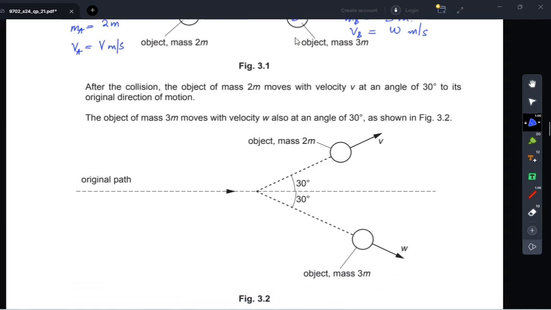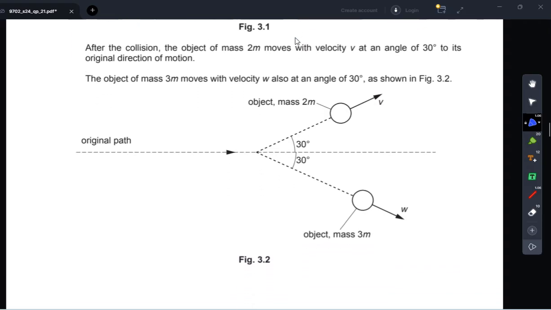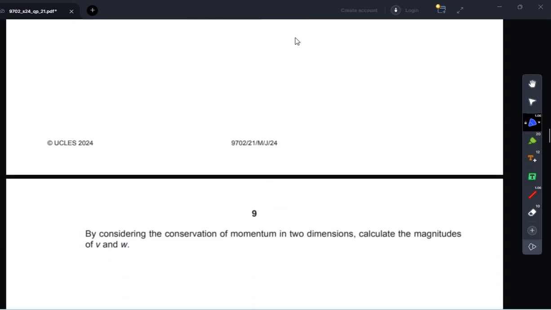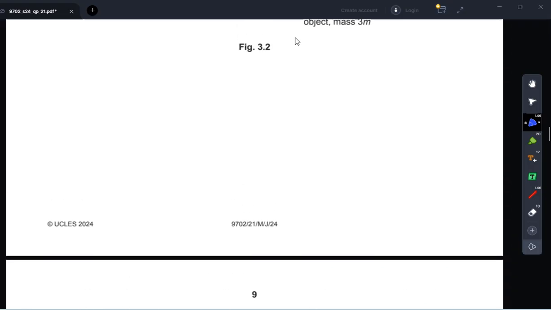To answer this question, we need to apply some conservation of momentum. By considering the conservation of momentum in 2 dimensions, calculate the magnitudes of v and w.